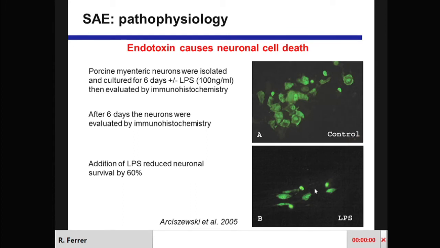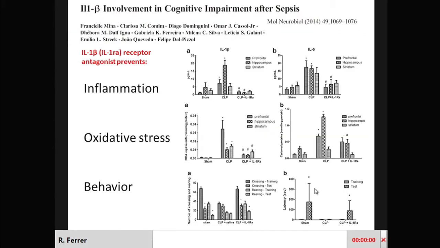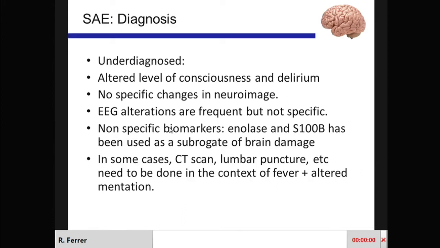So endotoxin alone is able to cause neural damage in this model of isolated neurons, and the use of blockers of inflammation, in this case blockers of the interleukin-1 beta receptors, is able to prevent in these animal models inflammation, oxidative stress, and behavior changes that are induced by sepsis.